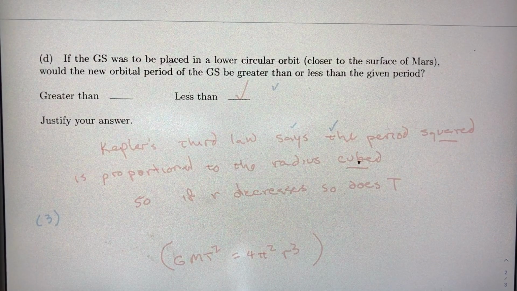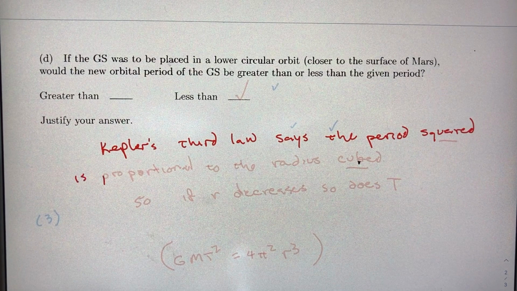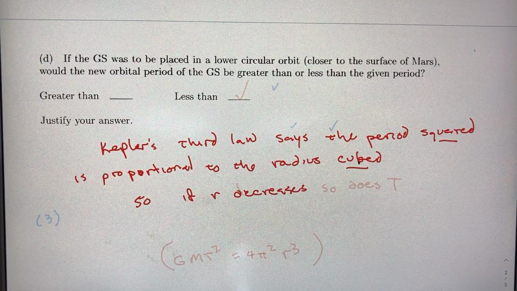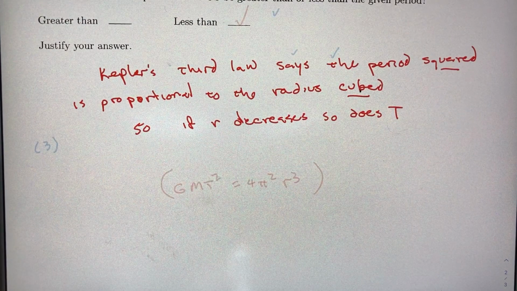All right. If it's in a lower orbit, if the period squared is proportional to the radius cubed, you don't need to know that.